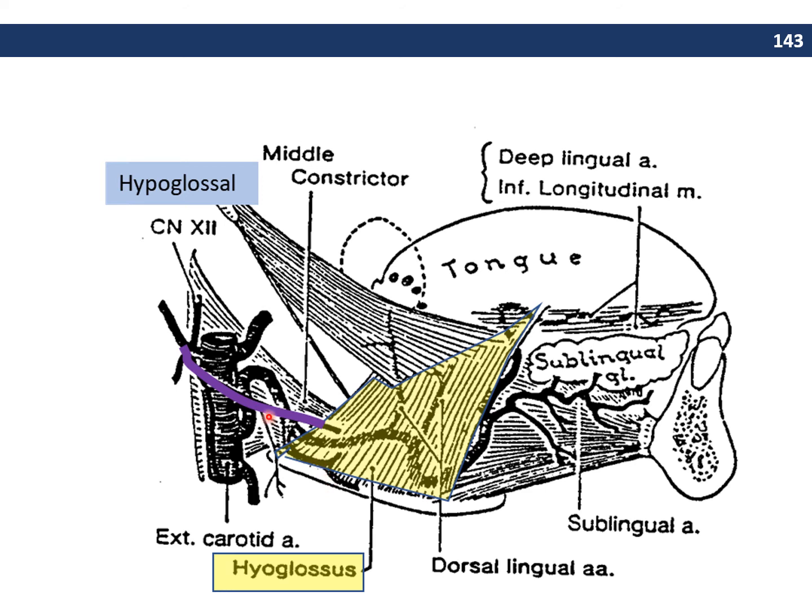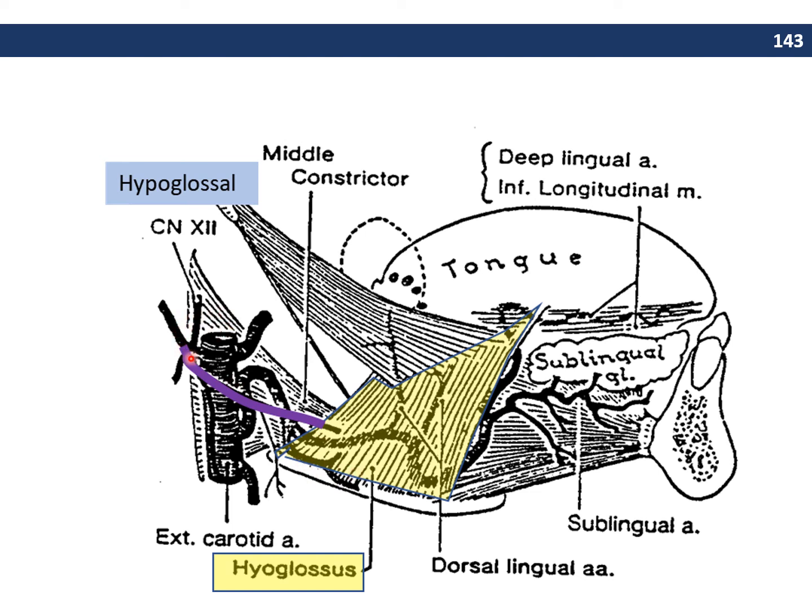Notice here, as we are talking about the tongue, the intrinsic muscles of the tongue include this longitudinal muscle as well, right? And then this is the middle constrictor here, and you know that because the middle constrictor attaches to the hyoid bone.